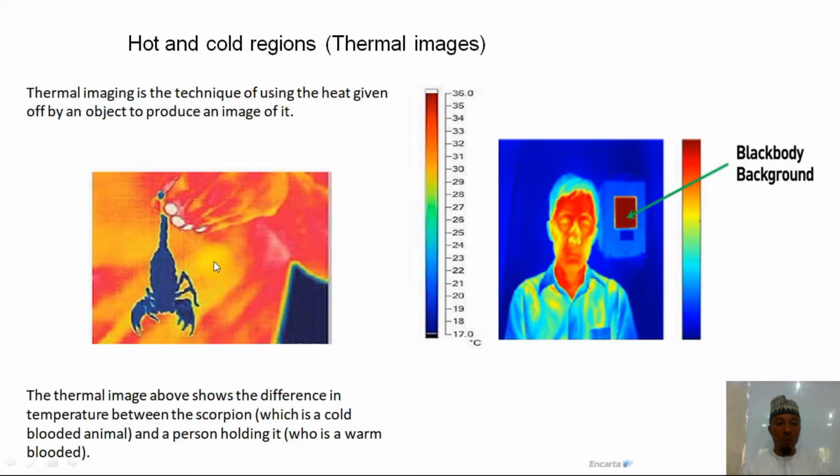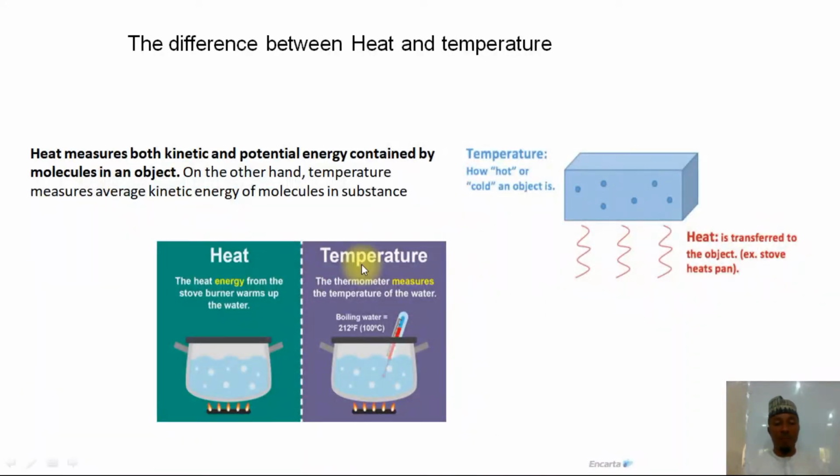For a yellow color, the temperature range falls within 28 to 31 degrees. And then the red color, the temperature falls within 32 to 36 degrees. Now a white color depicts a temperature that is way above 36 degrees.